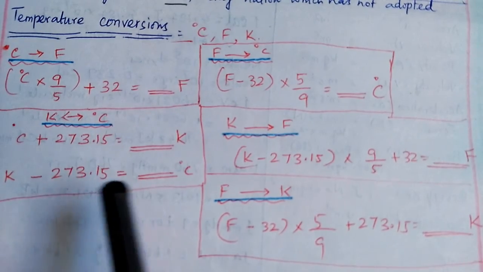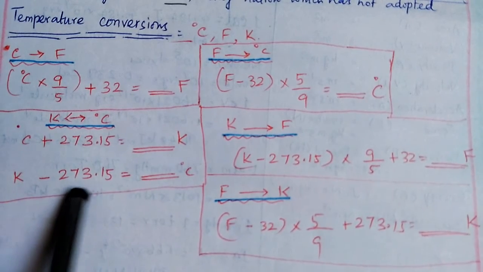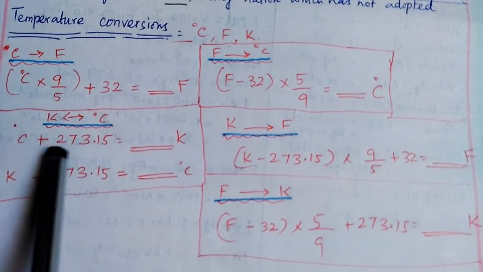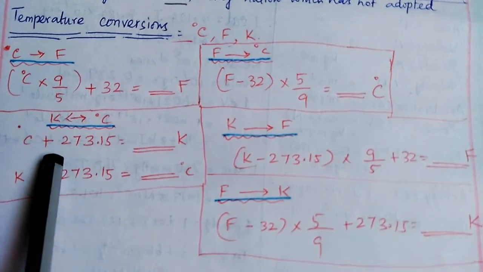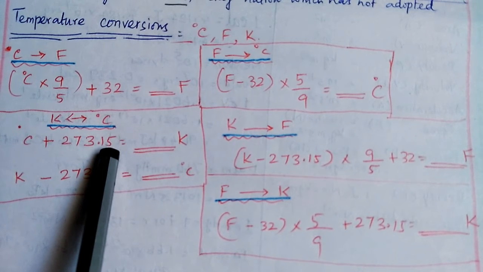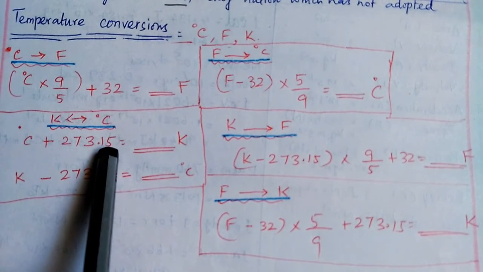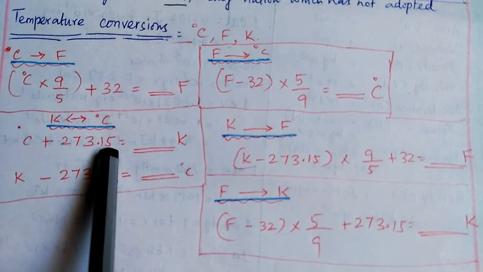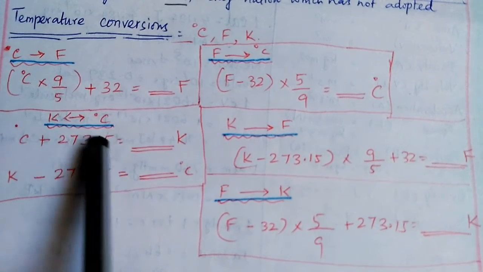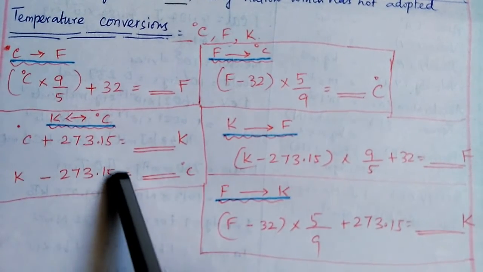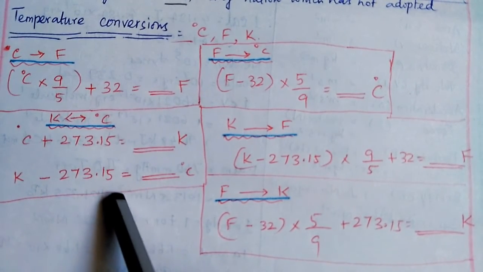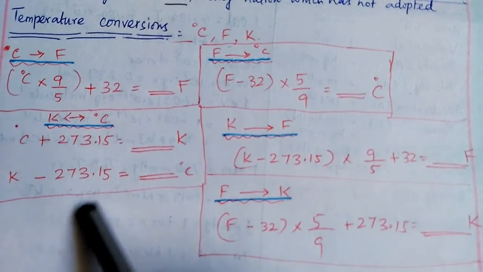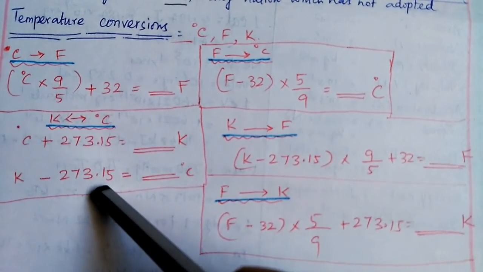While we are converting, in some books or in some practices, the accurate value 273.15 can be used, and in some cases people may be avoiding or neglecting the 0.15. We should be aware of it.